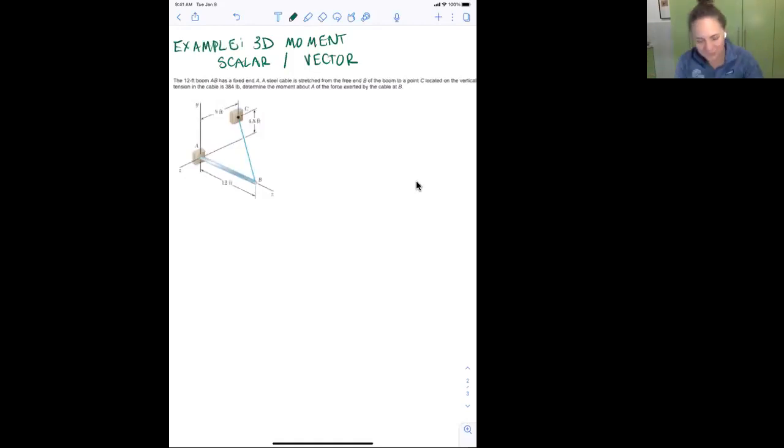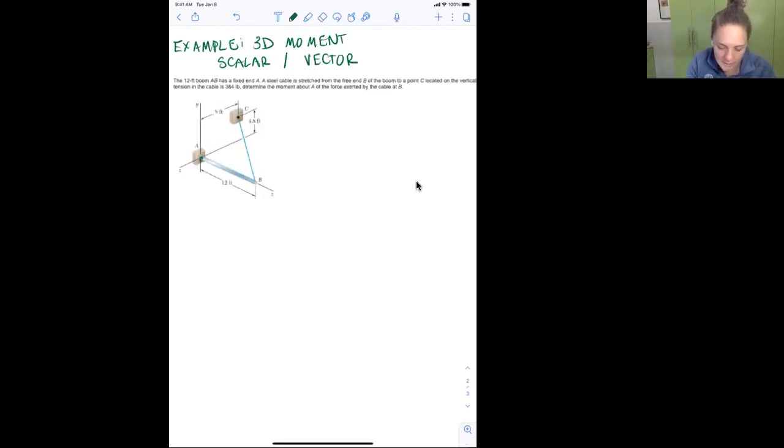Okay, so now I will admit that some of these examples are a little bit like, when would I ever come around this situation? But again, they get to the math and might help you understand it a little better. So we have a 12-foot boom that is fixed at end A here, which is the origin.